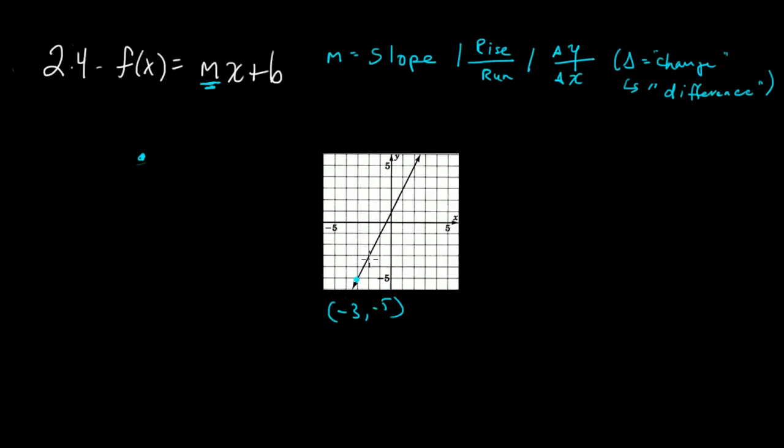And my next point here is, in fact, we won't even go to the next point. Let's go all the way up. To show you how slope works, let's go all the way up to here. And that point is 1, 2, and 1, 2, 3, 4, 5. So that's 2, 5. This will give you a little bit of example of how slope works.